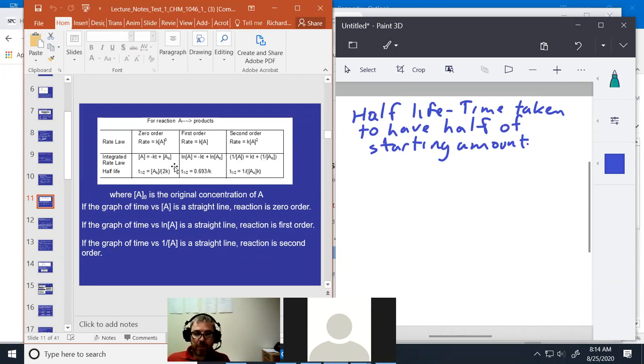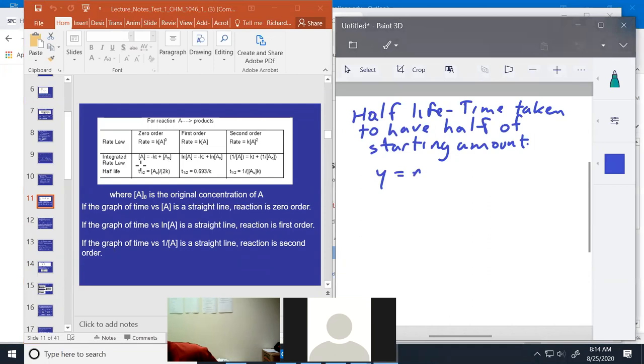It's a constant value. As you can see, each of these integrated rate laws does take the form y equals mx plus b, which is the equation for a straight line. So for zero order, we have [A] equals negative kt plus [A]0.